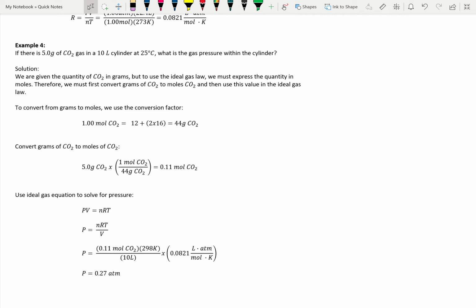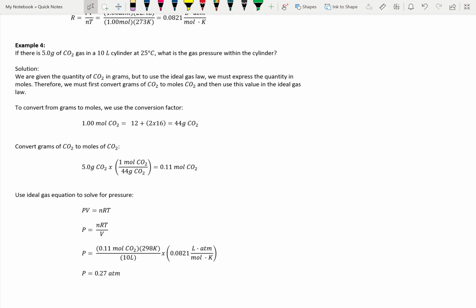Then we convert the grams to moles. Because we are using 5 grams, we multiply 5 grams of carbon dioxide by 1 mole of carbon dioxide over 44 grams. Because we want our final answer in moles, remember, the grams have to cancel out. That's why we put 1 mole over 44 grams of carbon dioxide.